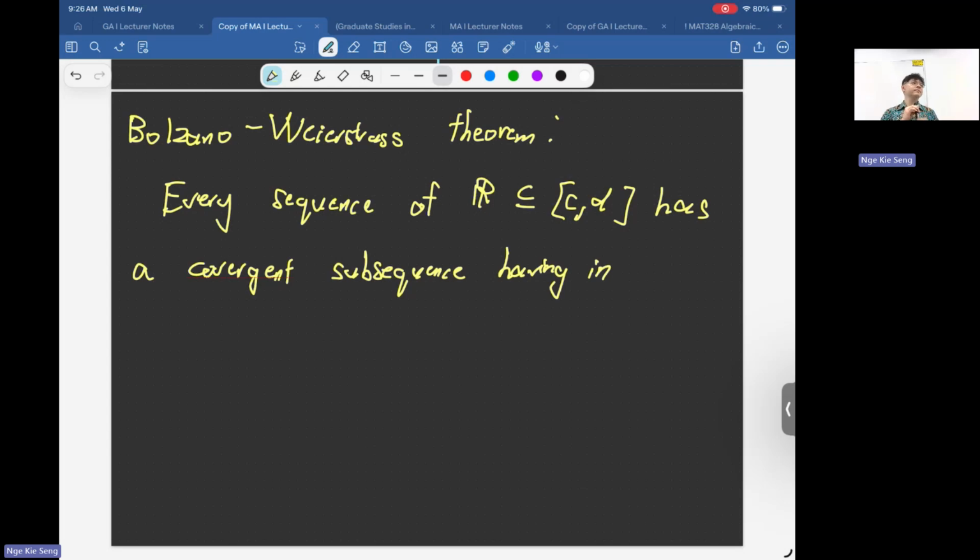Where's the limit? What do you think? Having the limit in where? Where's the limit?